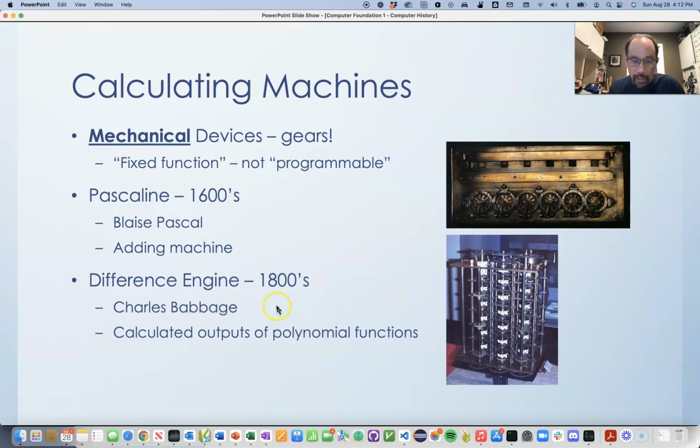Later on in the 1800s, a man called Charles Babbage created this big machine, maybe 4 feet by 4 feet by 5 or 6 feet tall. It was big and heavy, but it could calculate the outputs of polynomial functions. It could add, multiply and things like that, and you would use a gear to crank it to do your calculations.